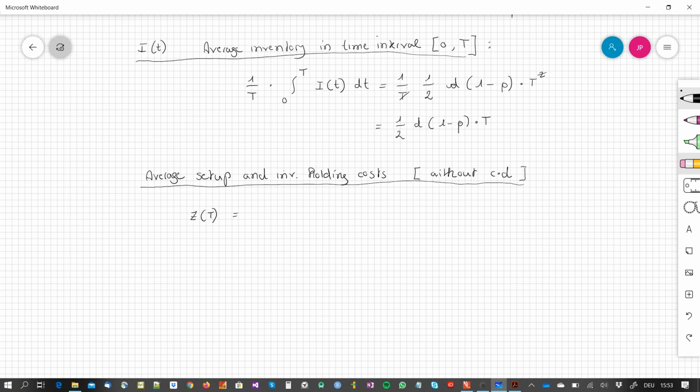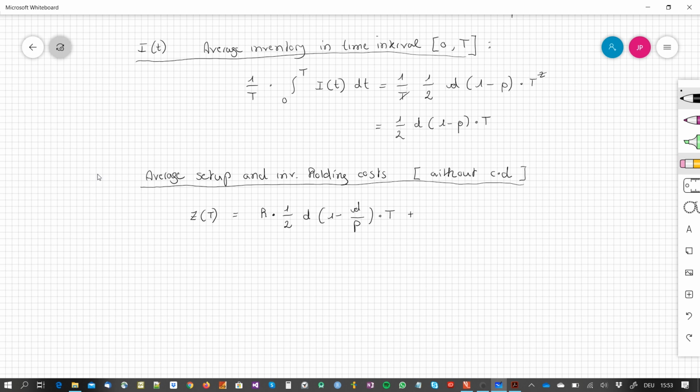And this is then our formula from above multiplied by the inventory holding cost, H times 1/2 D times 1 minus, now I use not rho but D divided by P. So they are the same, but I think it's easier to see what happens if we don't use the Greek rho.